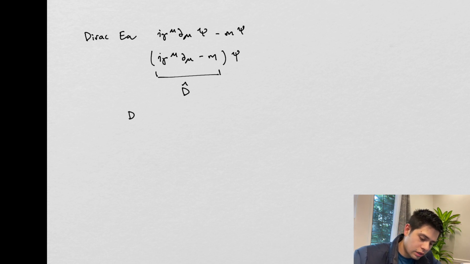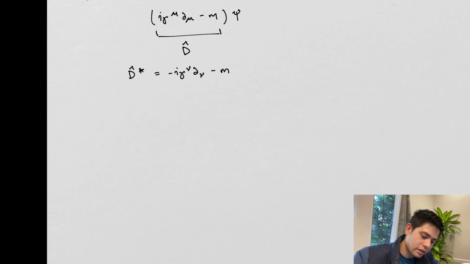So the complex conjugate of the Dirac operator just becomes minus i gamma^nu d_nu minus m. I'm just labeling these with different labels; there's really nothing different here.